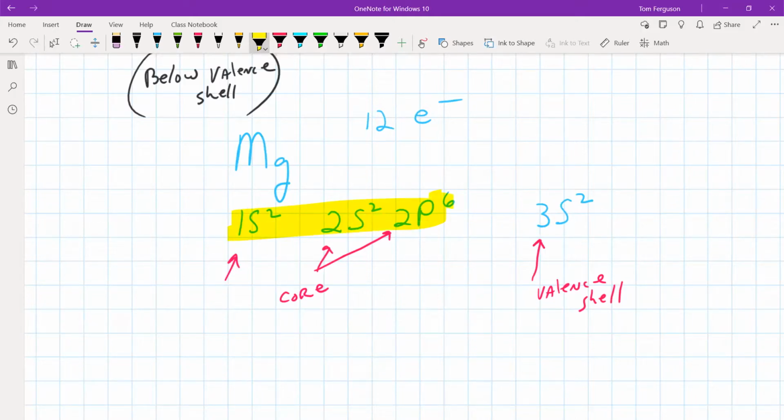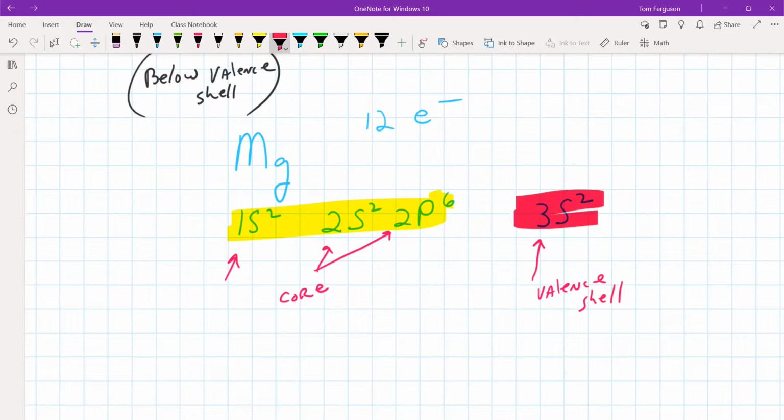And between the two of them, which do you think is more important? Valence. Yep, exactly. The valence are more important because those are the most unstable.